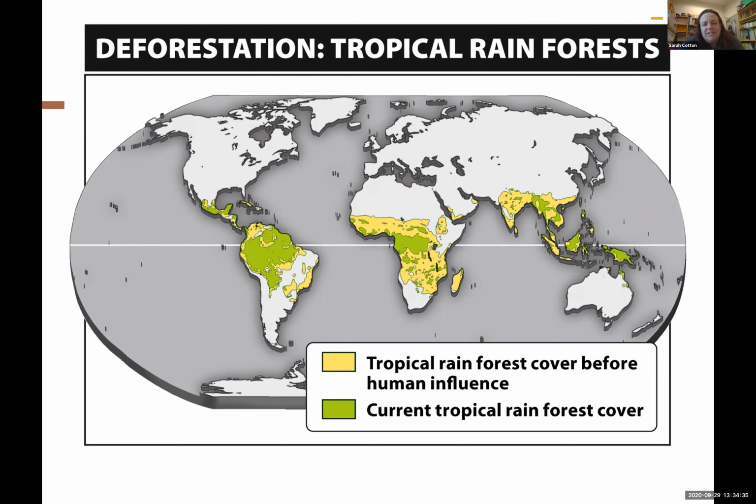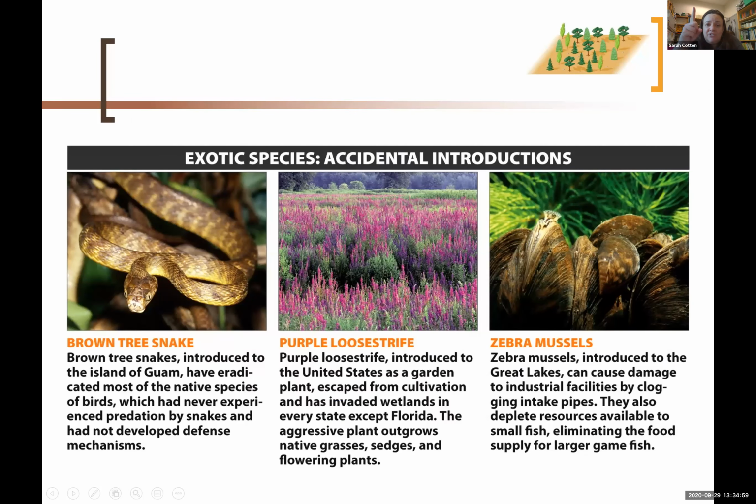In fact, mostly because it's a very productive and unique ecosystem. And so you can see that there's a lot of loss in tropical rainforest that has been modified, has been turned into other things.